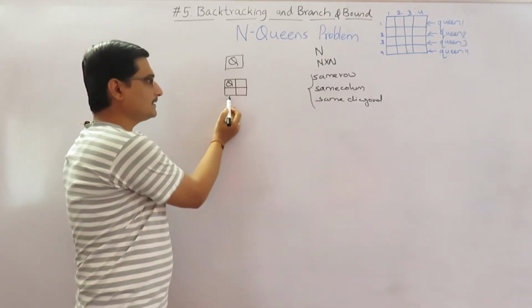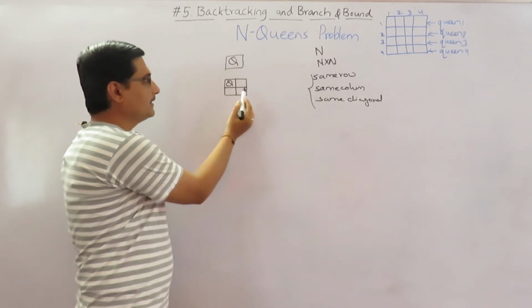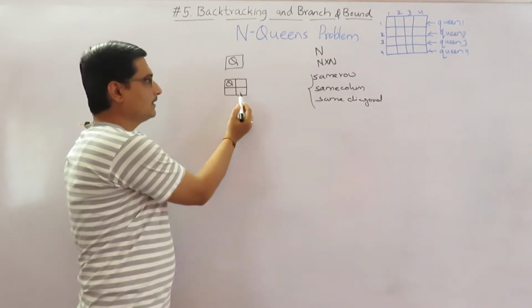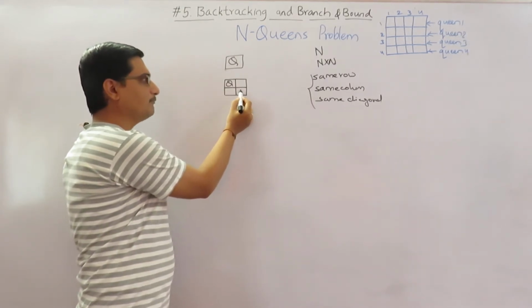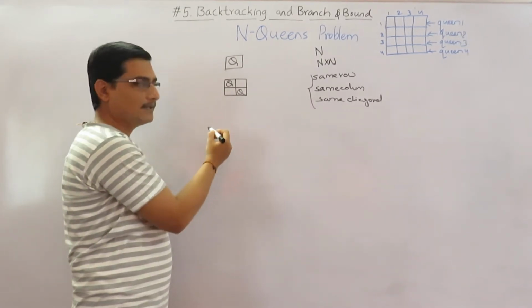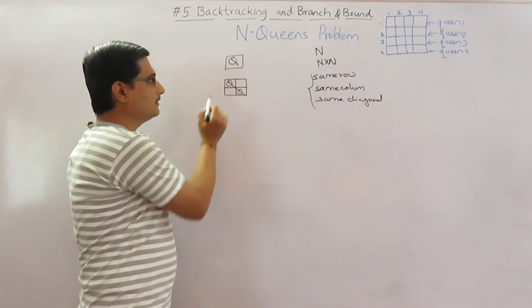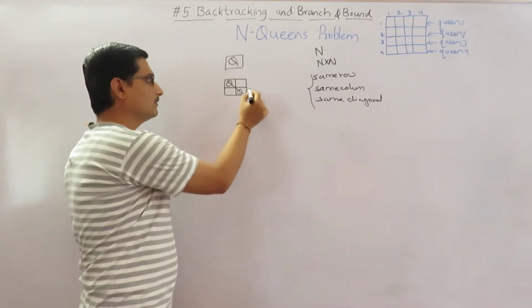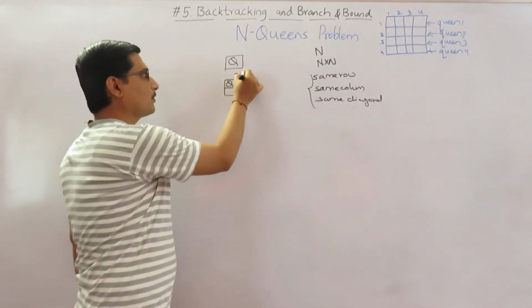If we place that second queen in the first column, the first queen is already there, so it is not possible. It will become the same column. Then if we place the second queen in the second column, second row, they are in the same diagonal, so there is no possibility to get the solution for the 2 queens problem.